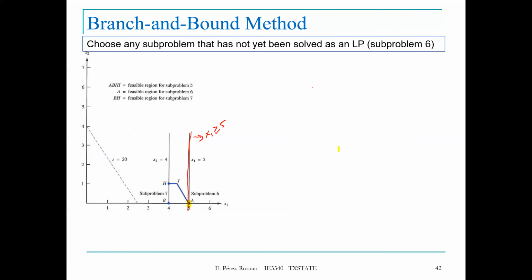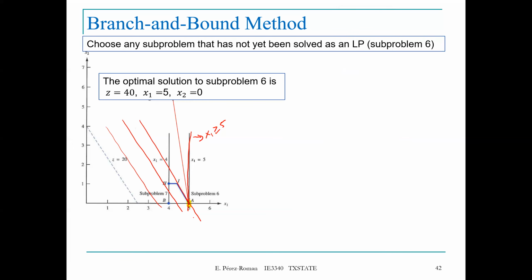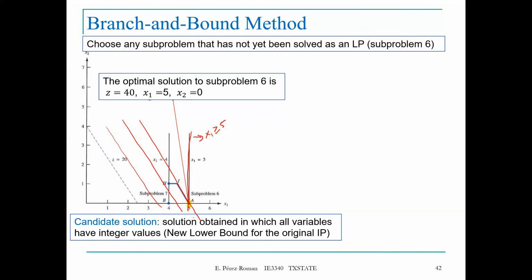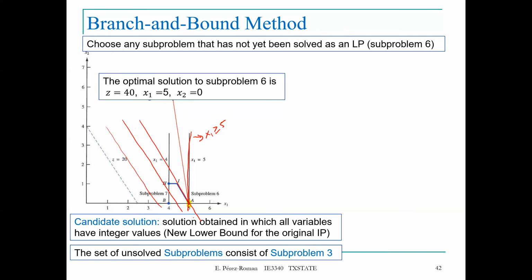Using the isoprofit line and focusing on that point, that's going to be our optimal solution. The optimal solution to subproblem 6 is z equals 40, x1 equals 5, x2 equals 0. The solution in which all variables have integer values is that point, 5 and 0, giving us an objective function value equal to 40.